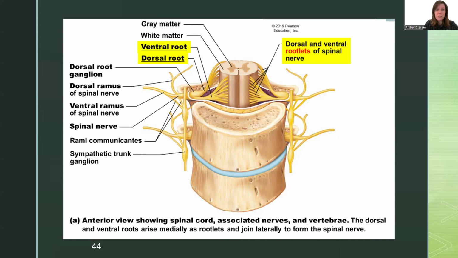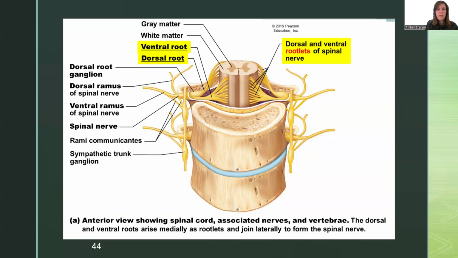In this illustration, we can see that after leaving the spinal cord, the spinal nerve divides into those branches, or those rami. The dorsal ramus is the smaller branch. It serves the posterior body trunk, which includes the skin and deep muscles.